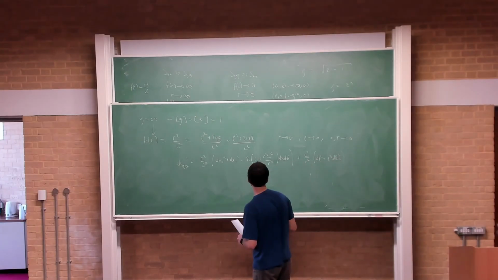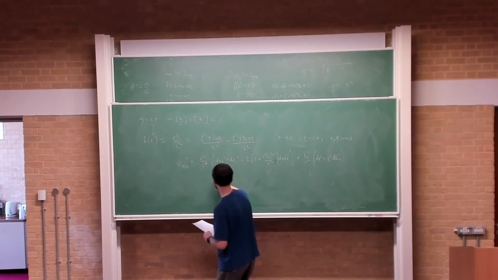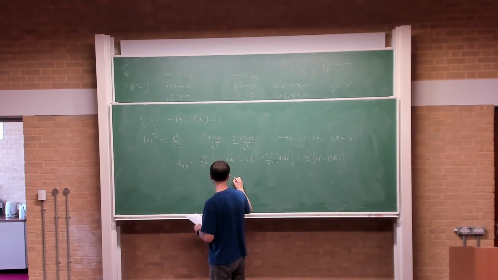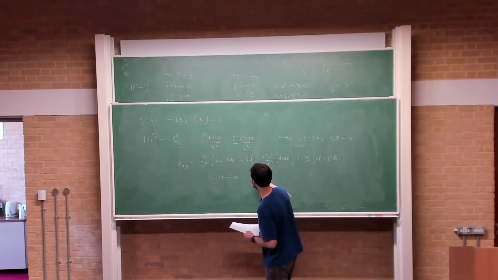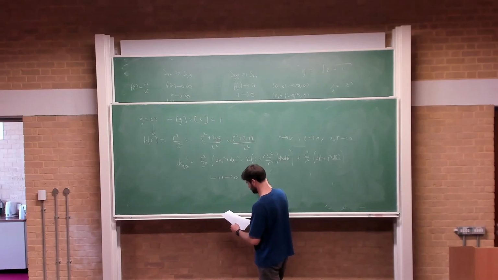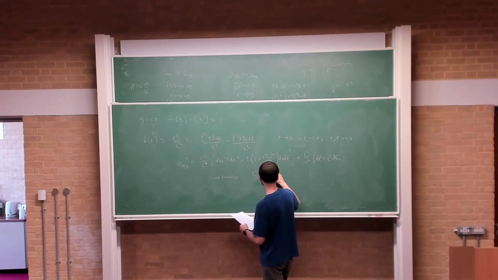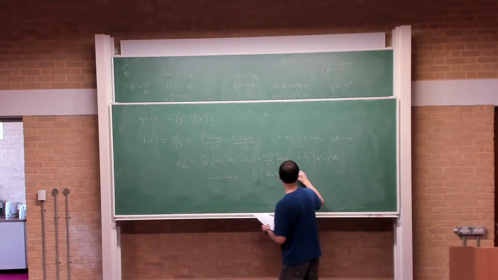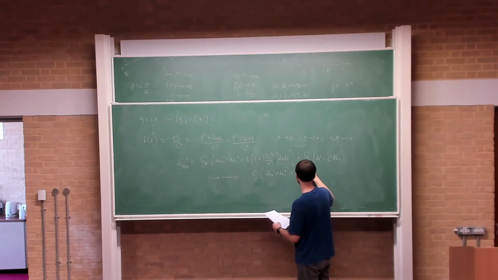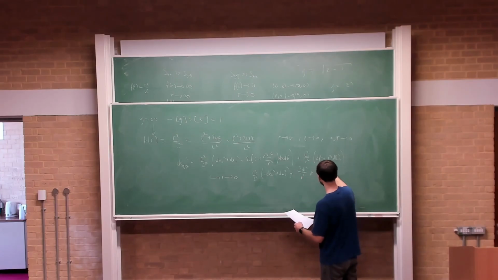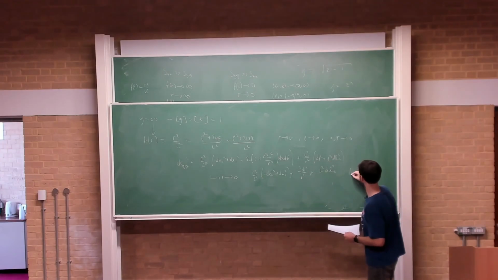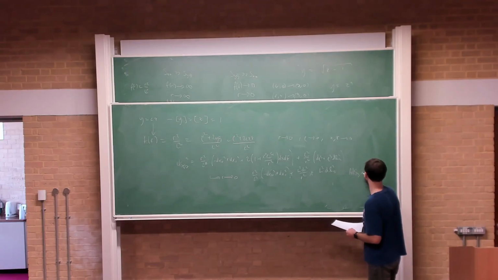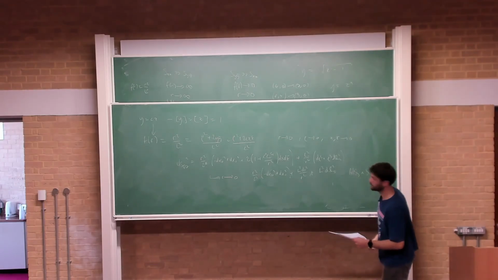Okay, and so if we take r to 0, the metric becomes the following, which is the metric for AdS3 cross S5.